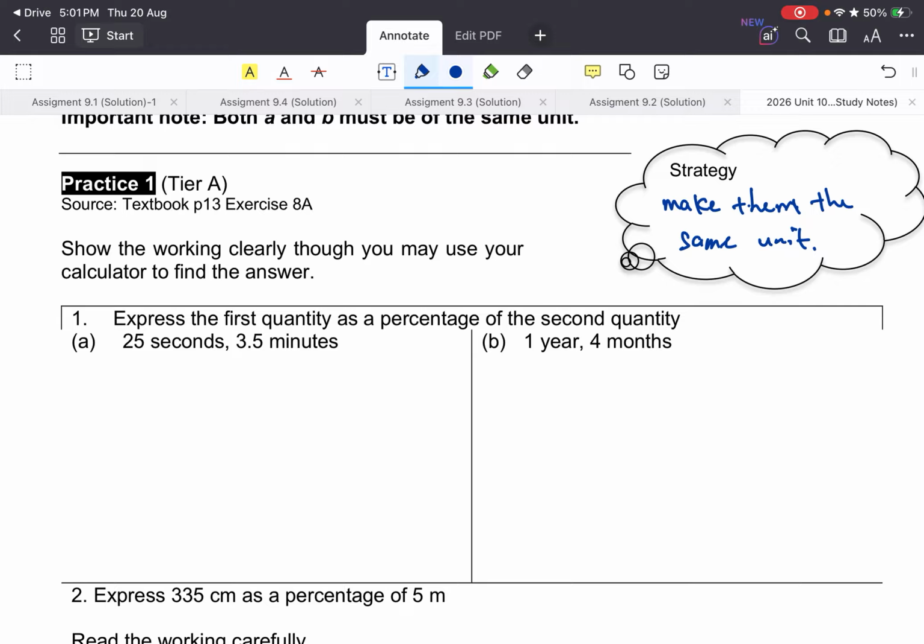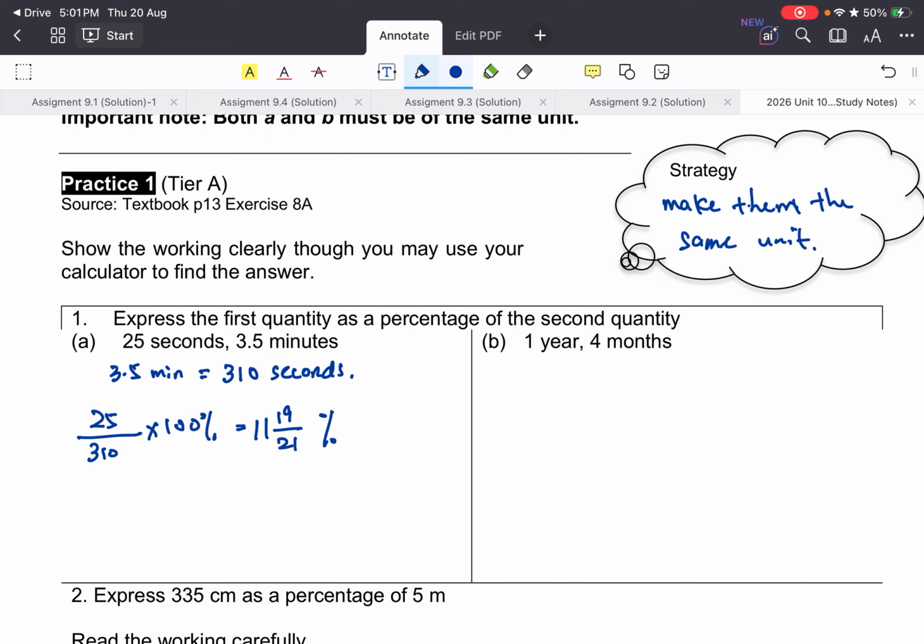So what we can do is we can look at this and say, okay, 3.5 minutes is actually the same as, so I multiply by 60, which will give us 210 seconds, right? So that means now we have 25 over 210 times 100%, which gives us 11 and 19 over 21%, right?